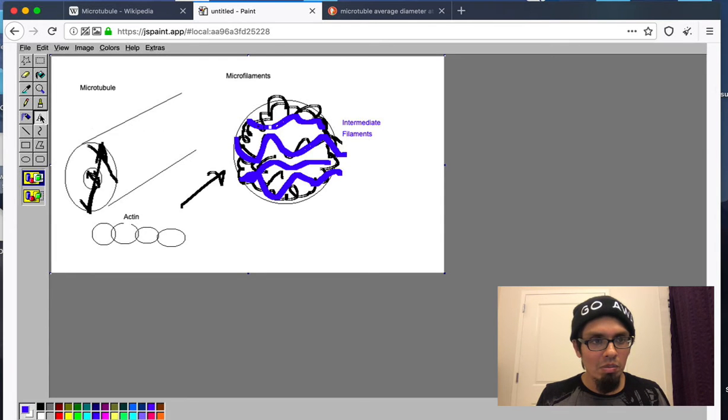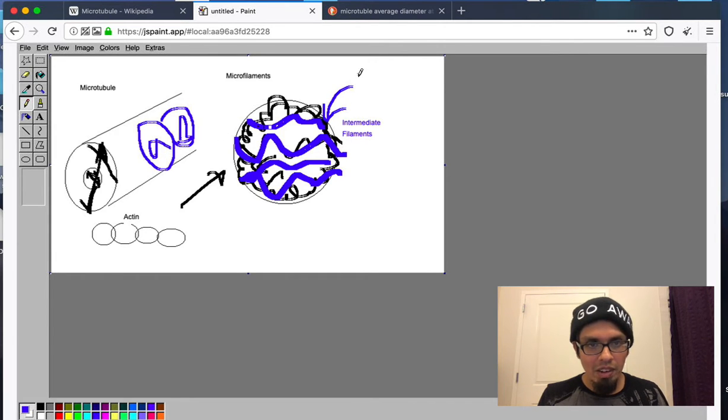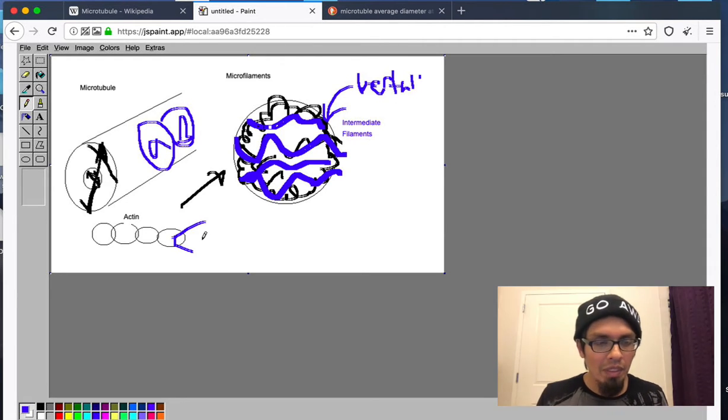Microtubules are composed of tubulin, which has an alpha subunit and a beta subunit. And intermediate filaments are composed of keratin. All of these structures, I'm not 100% sure of yet, but I will eventually. And actin composes the microfilaments.